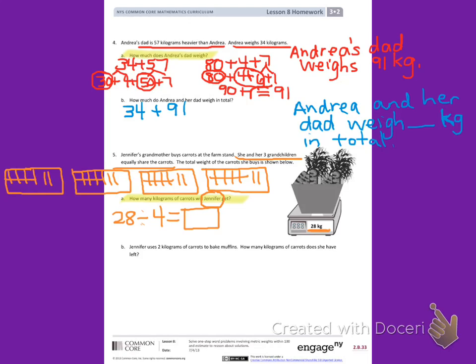Then remember to answer in words. How many kilograms of carrots will Jennifer get? Jennifer will get blank kilograms of carrots.